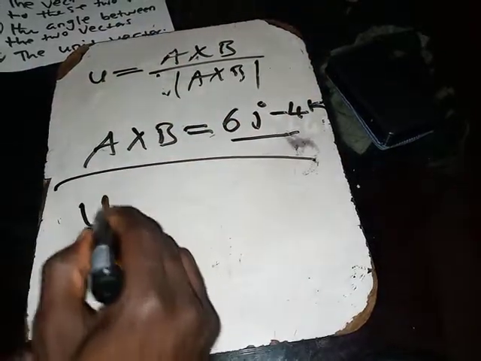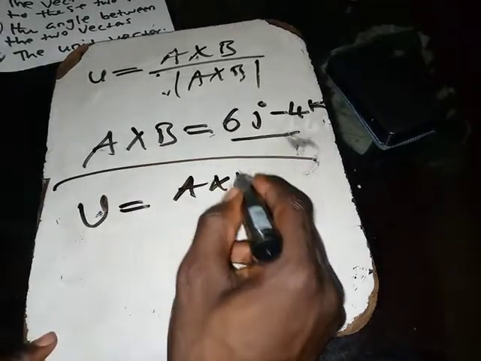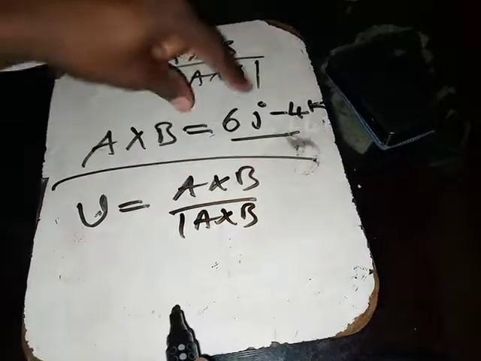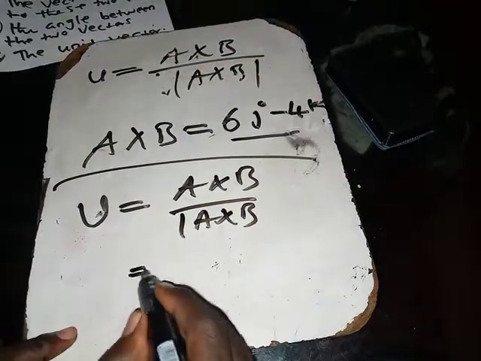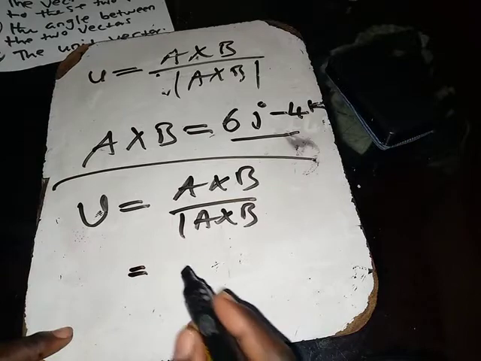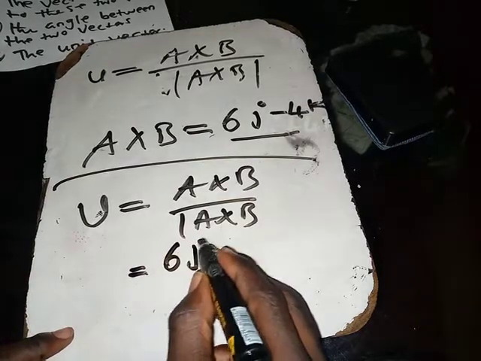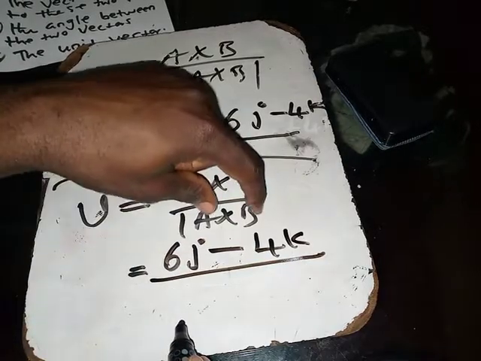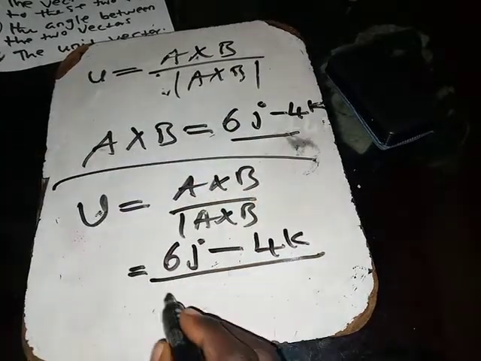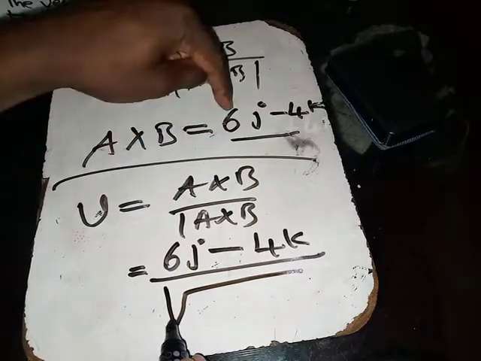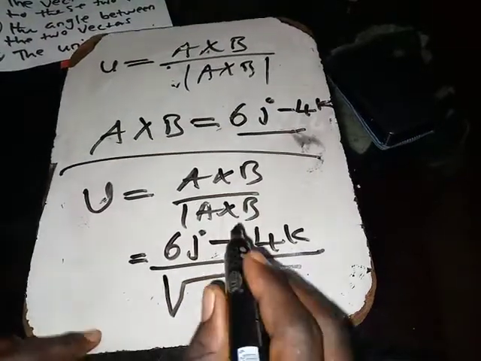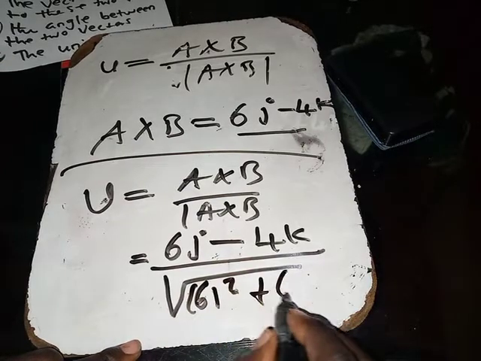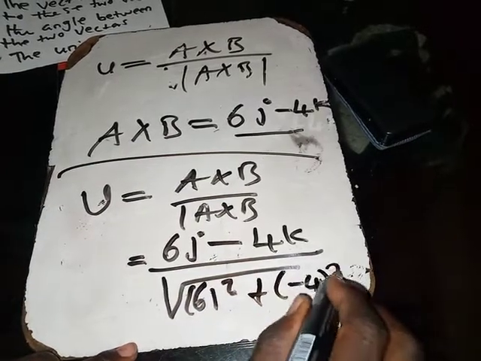Therefore, we are going to say the unit vector is equal to A times B over the magnitude of A times B. Remember from the example I'm giving you, 6j minus 4k over the magnitude of this. So the magnitude of this, you're going to simply get 6 squared plus negative 4 squared.